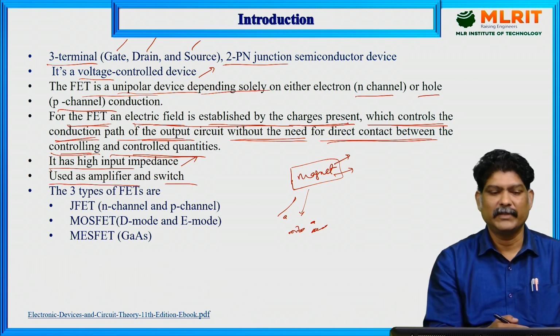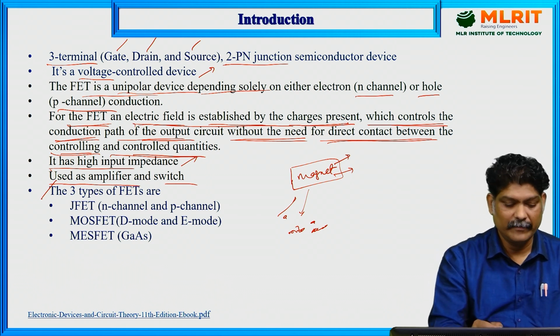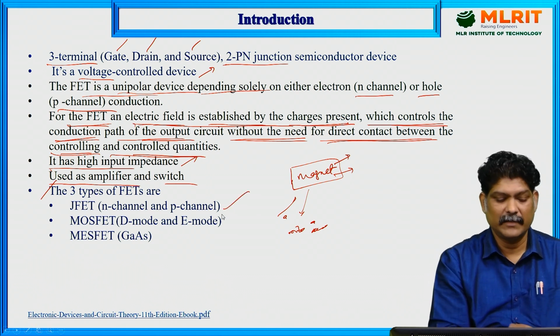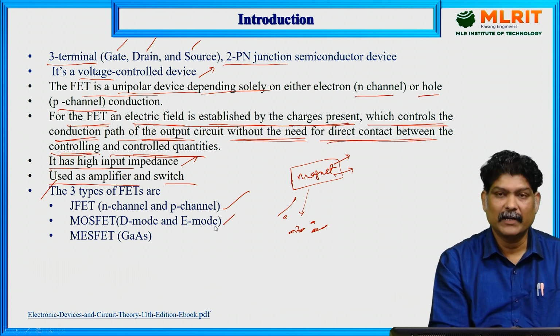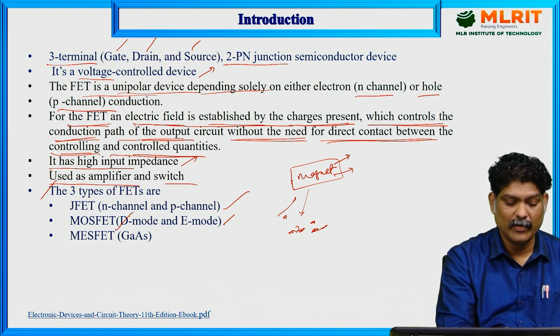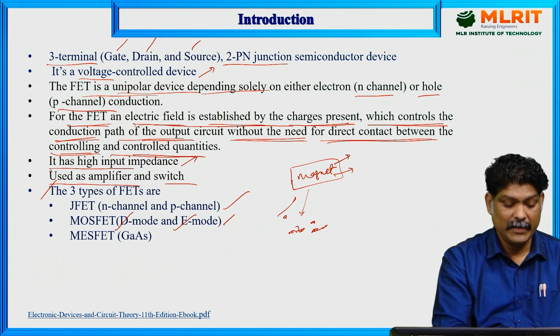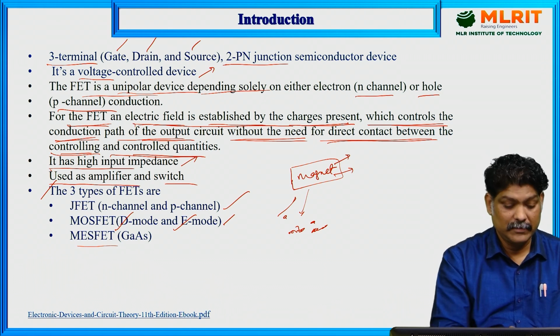There are 3 types of FET: the junction field effect transistor, the MOSFET, metal oxide semiconductor FET, which is again divided into two, depletion mode MOSFET and enhancement mode MOSFET, and the MESFET, metal semiconductor field effect transistor.